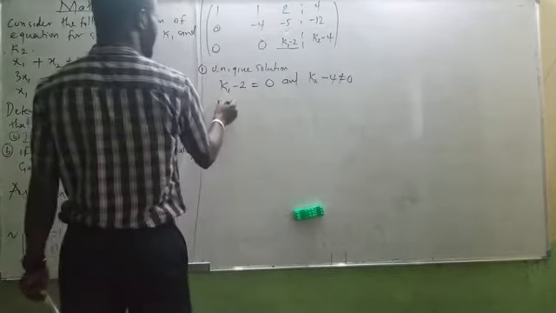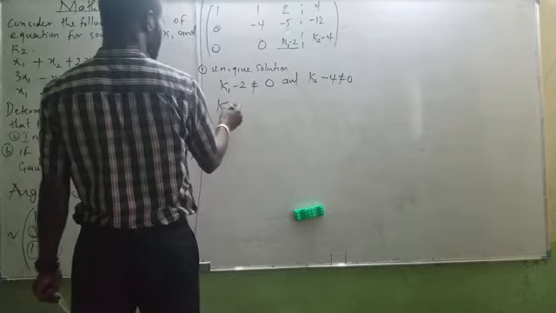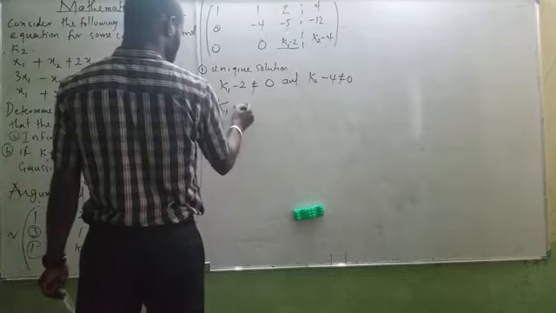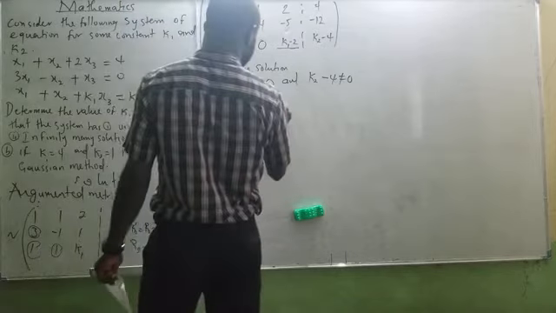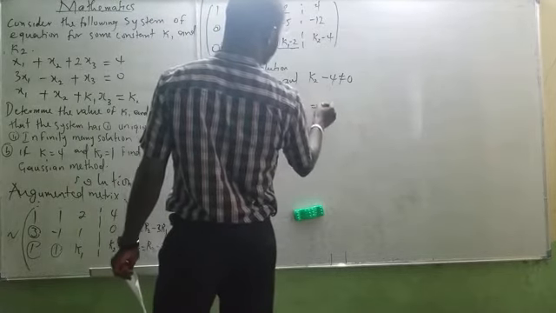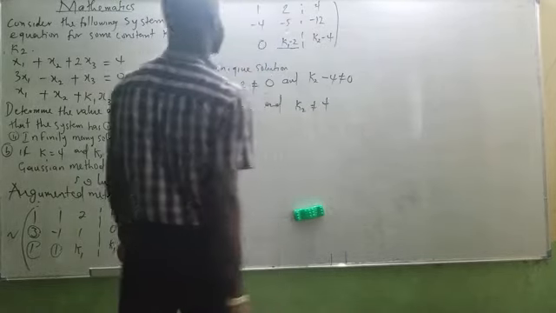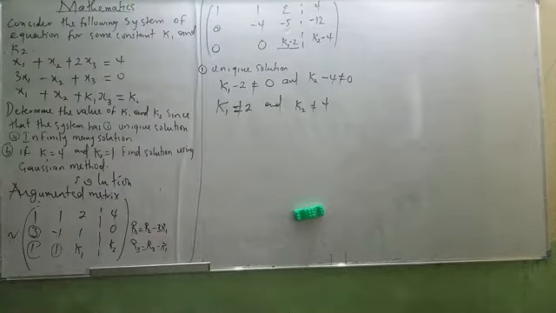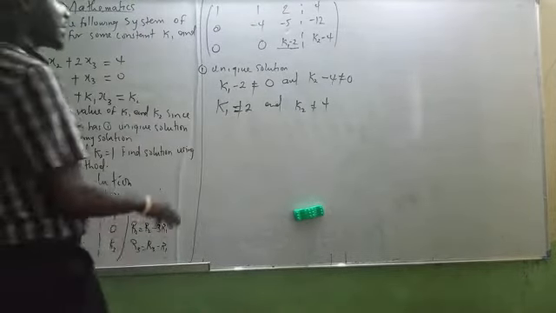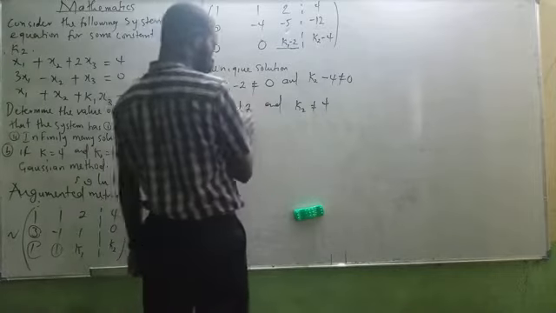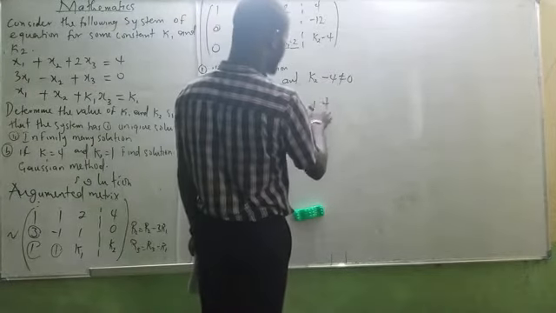Now it means my k1 will not be equal to 2, and k2 not equal to 4. That is very, very correct. It means for that, my k1 will not be equal to 2, my k2 will not be equal to 4.